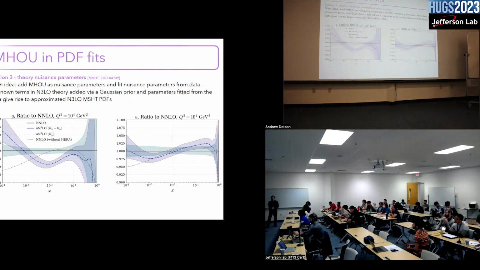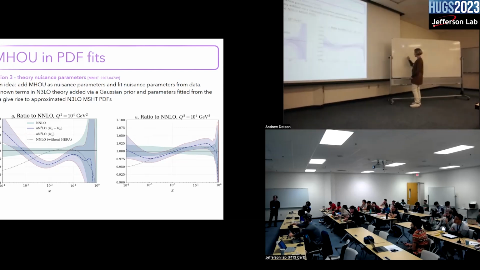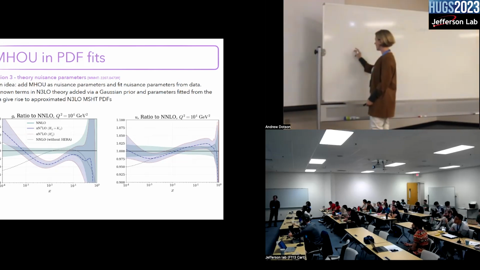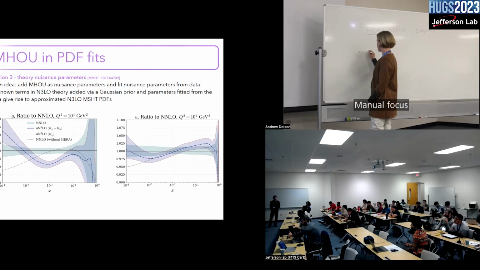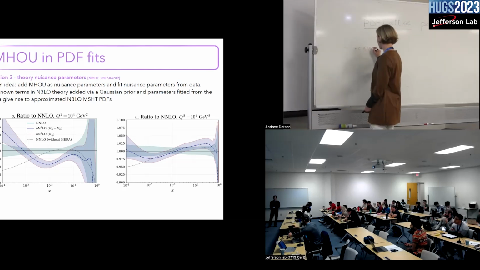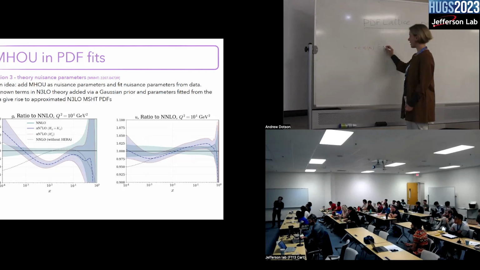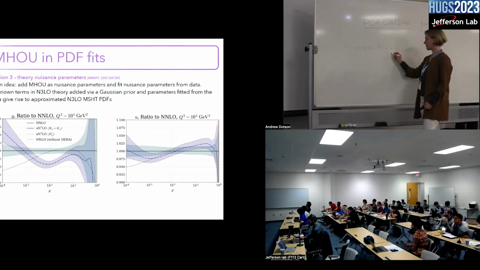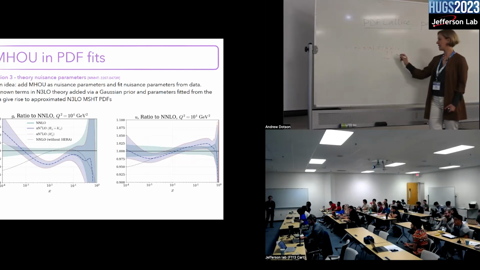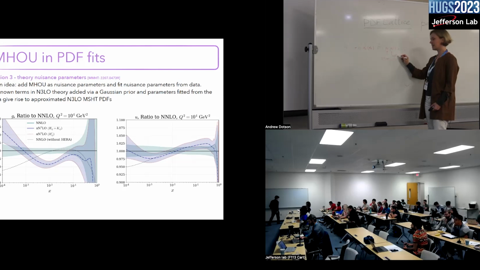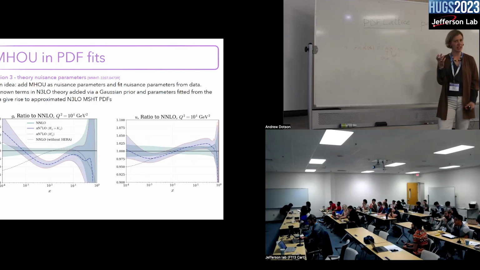Whenever you compute something, you have some coefficient, and then you have the expansion in alpha s. Then you have the partonic cross section at order 1, which depends on mu r, mu f, and so on. So in these scales, mu r comes from the UV renormalization of alpha s, and mu f comes from the absorption of the collinear singularities.